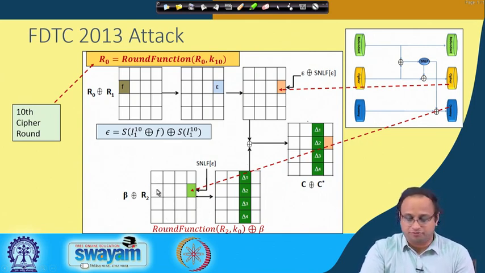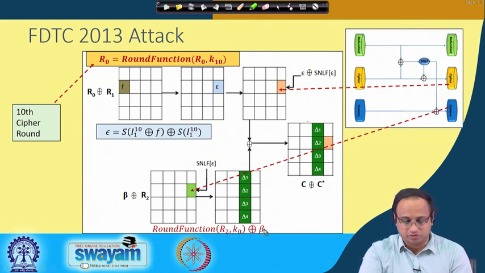Because of this infection in the dummy round, as shown by this equation, you apply the round function on R2 comma K0 and XOR with beta. Note that if R2 is beta, then this value also computes to beta, and therefore you get beta XORed with beta, and that is 0.